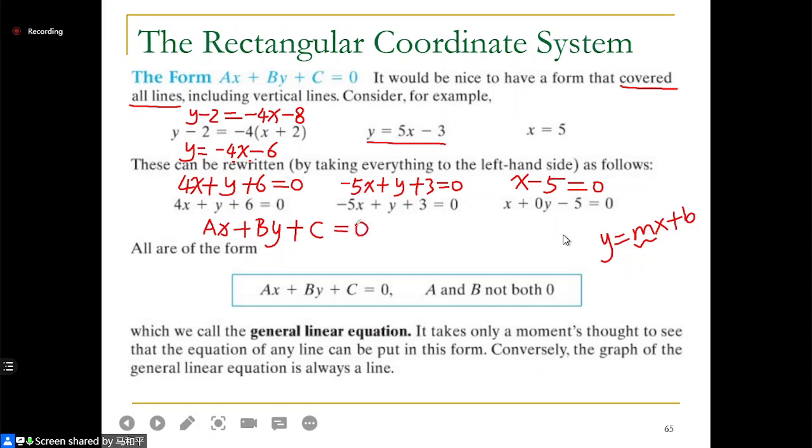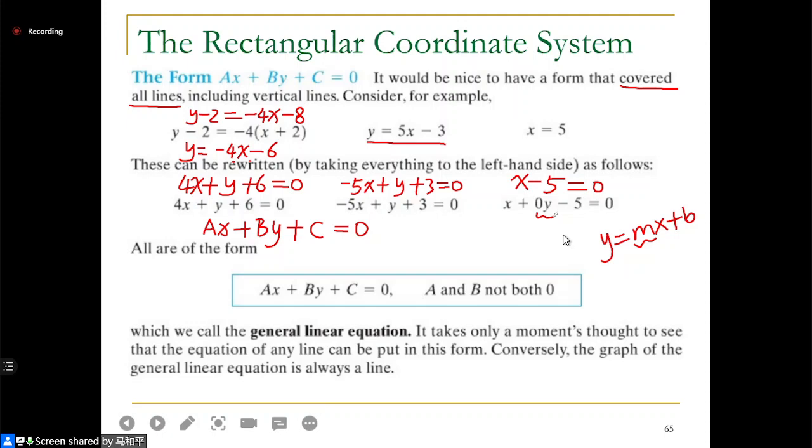And here we do not have y, but we can write it's 0 times y. So this means b is 0 for this one, right? And for this one, we know a is minus 5, b is 1, c is 3, right? So all are of the form ax plus by plus c is 0, a and b not both 0.